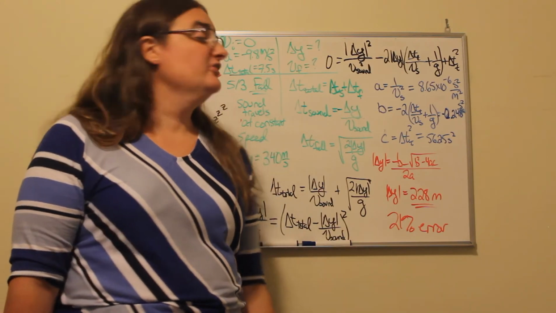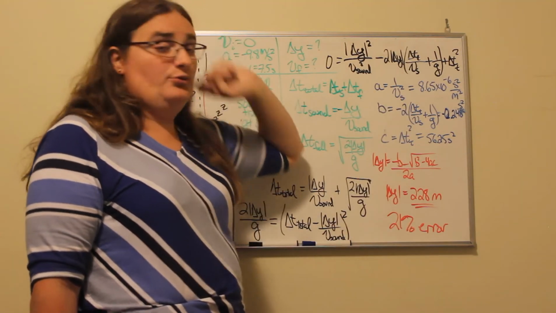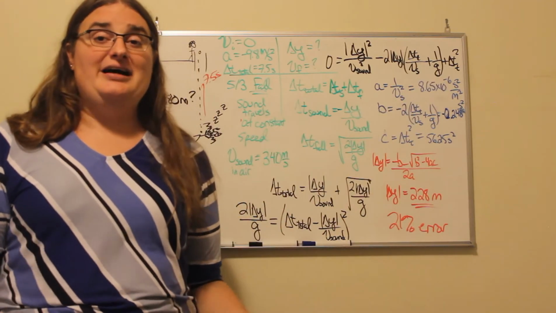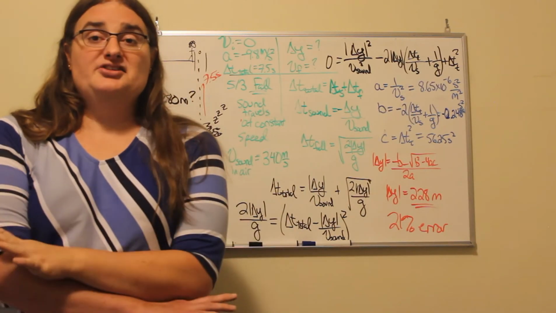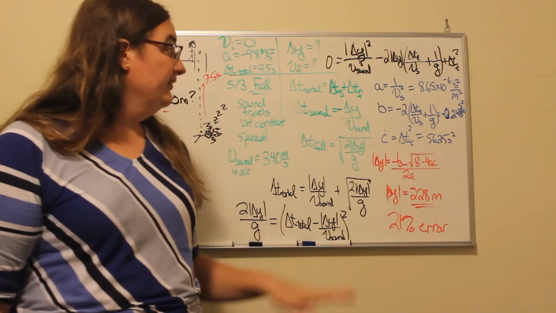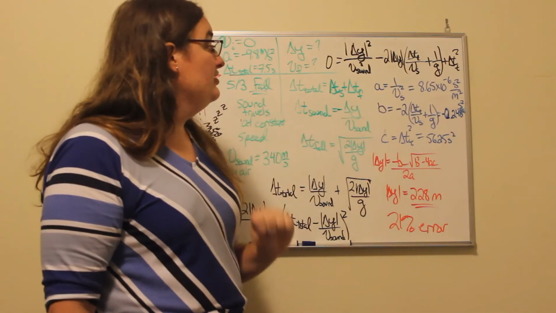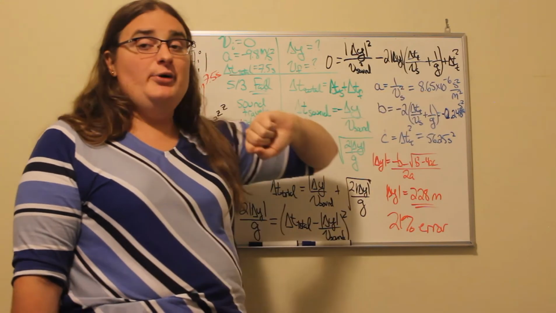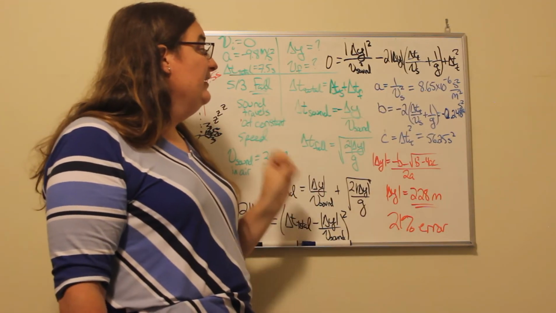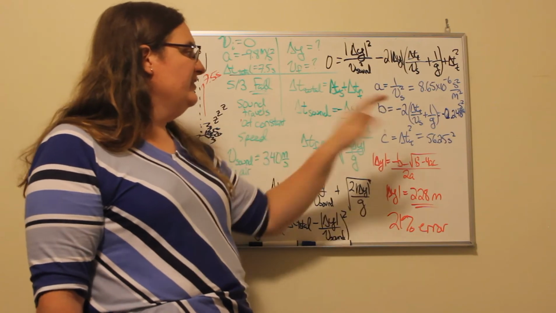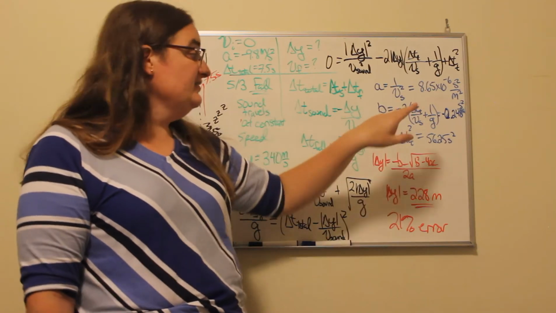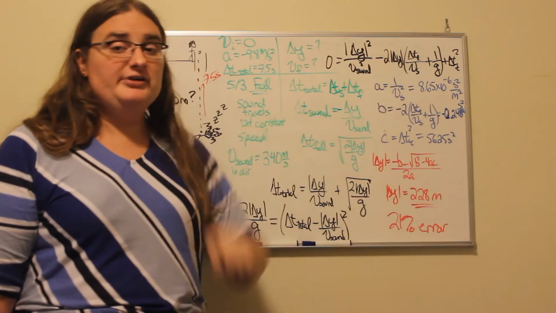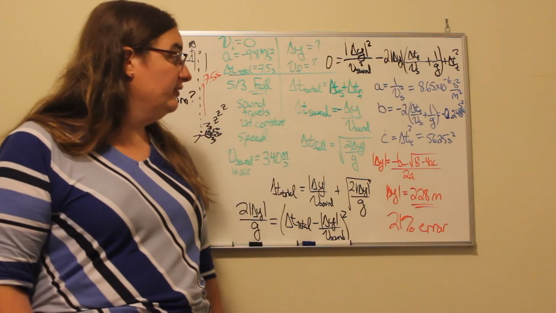So to use the quadratic equation, my value for A is going to be 1 over the speed of sound. And I wrote out these constants to 3 digits. You're going to need to use as many digits as you can in your calculator, or else your answer can vary wildly. So 1 over 340 meters per second quantity squared is our value A. Our value B is negative 2 times the quantity of 7.5 seconds divided by 340 meters per second plus 1 over 9.8 meters per second squared.